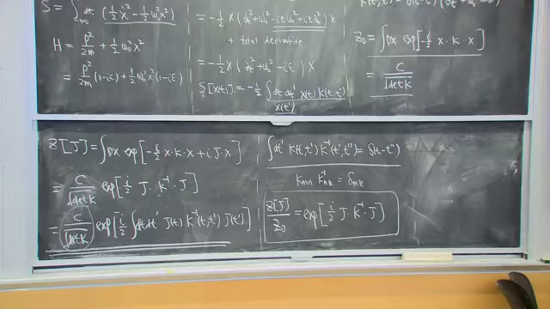Say you have a free particle, that ratio you can calculate to be a finite number. Even though both are infinite, the ratio is a finite number. Same thing with the harmonic oscillator. But the key thing is that we actually don't need to worry about them. They just cancel.